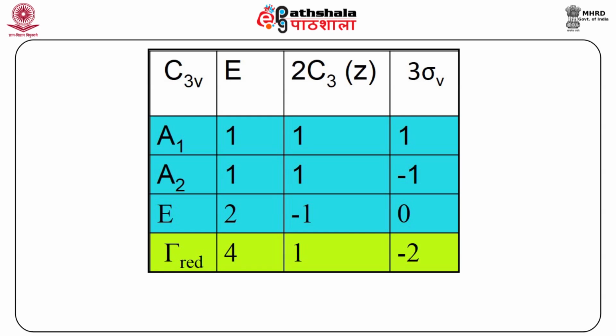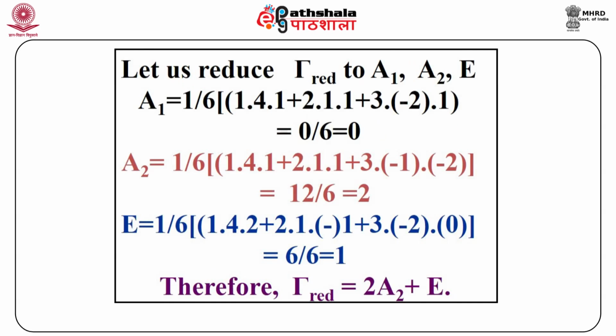And we have the irreducible representations in this point group as A1, A2 and E. The characters for A1 are 1, 1, 1, for A2 1, 1, minus 1, for E 2, minus 1 and 0. Now we have tau reducible, the characters for which are 4, 1, minus 2, and I want to reduce this tau reducible into A1, A2 and E.